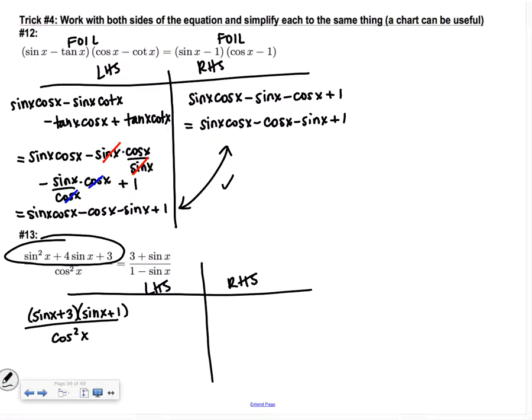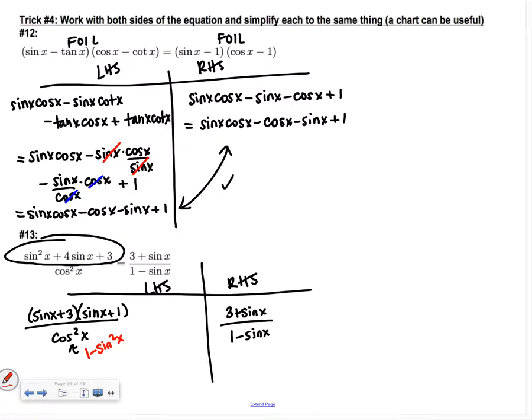And then the bottom, notice how I have that 3 plus sine of x over 1 minus sine of x. So it's a little tricky. How can I cancel something like this and this? How can I reduce those down so that I'm just left with that 3 plus sine of x on the top? Some of you might see it. Some of you might have trouble with this still. It's totally fine. What we're going to do is replace this with 1 minus sine squared of x.